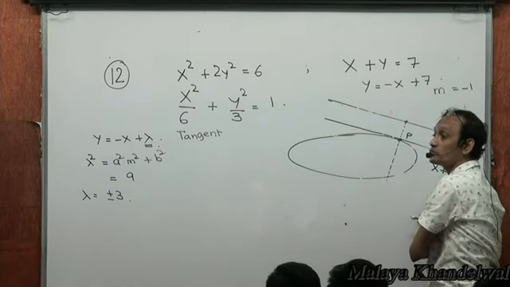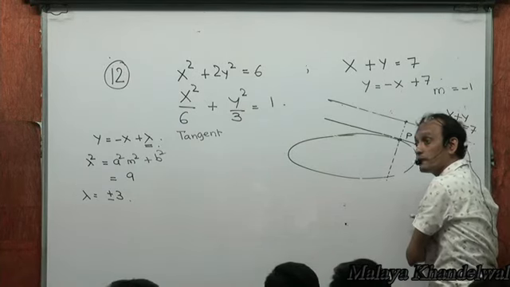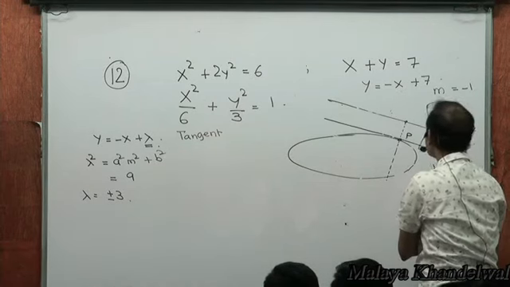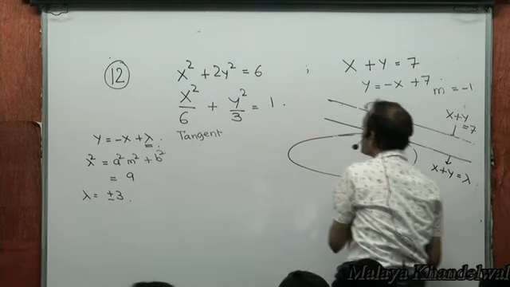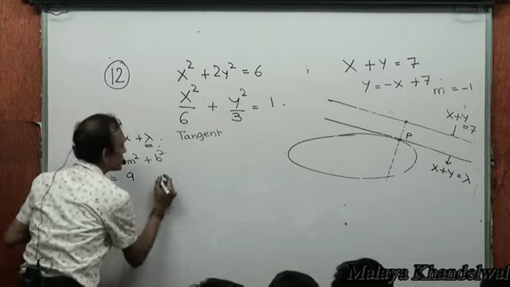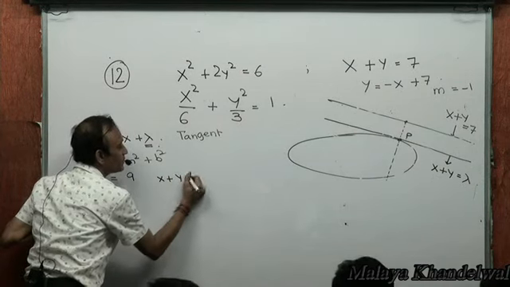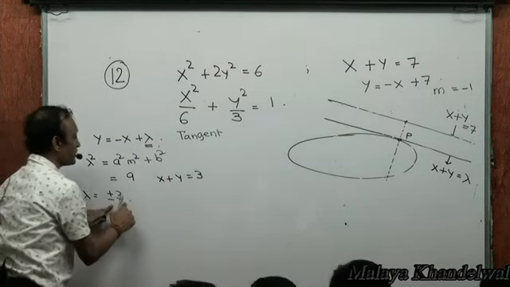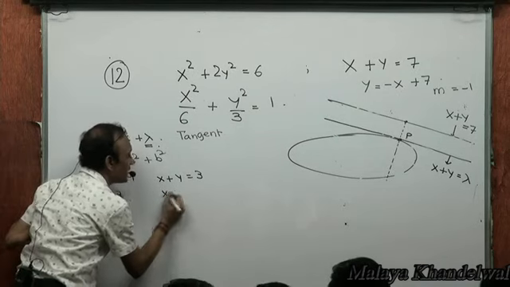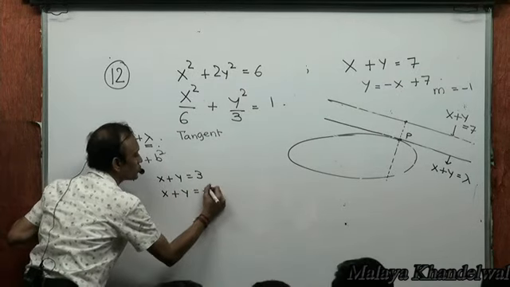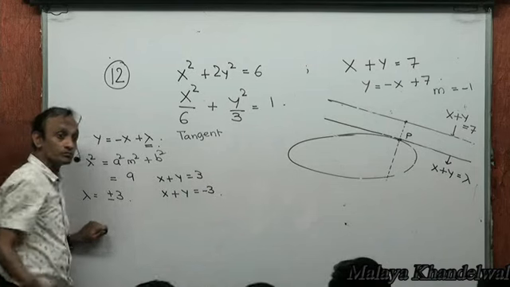In fact, lambda equal to plus 3 will give me a tangent. X plus y equal to minus 3 will also be a tangent.